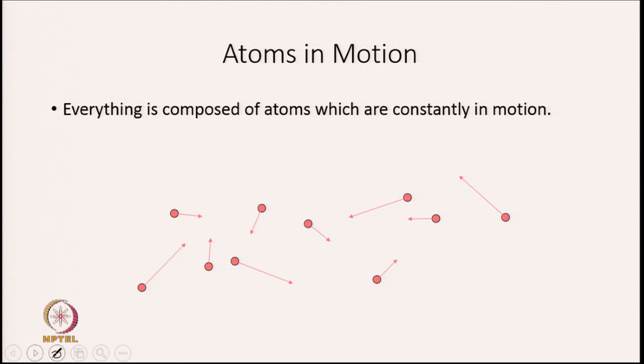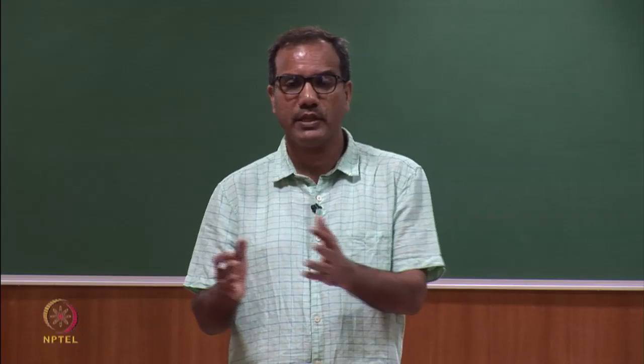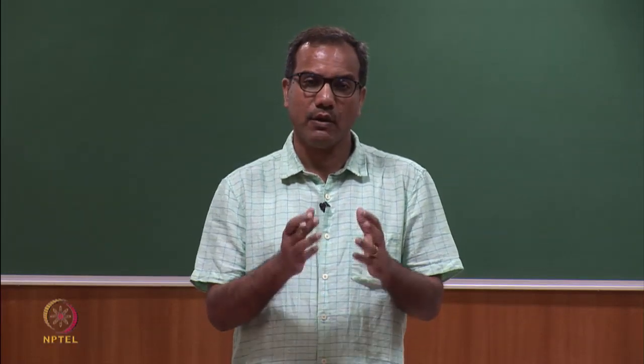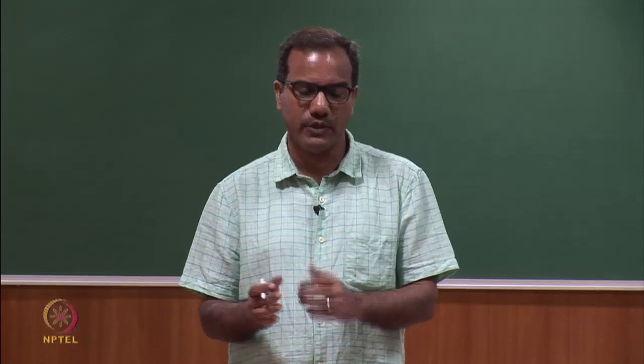Now, let us understand what is happening. We know that everything is composed of atoms which are constantly in motion. The hotter the object, the faster the average motion of atoms. So, if you compare a hotter object and a cooler object, in the hotter object the molecules are in faster motion.